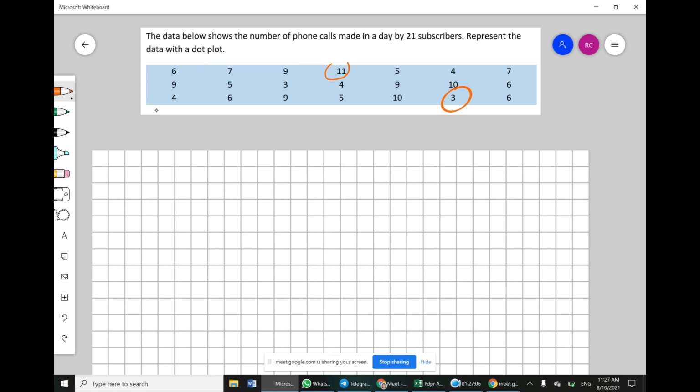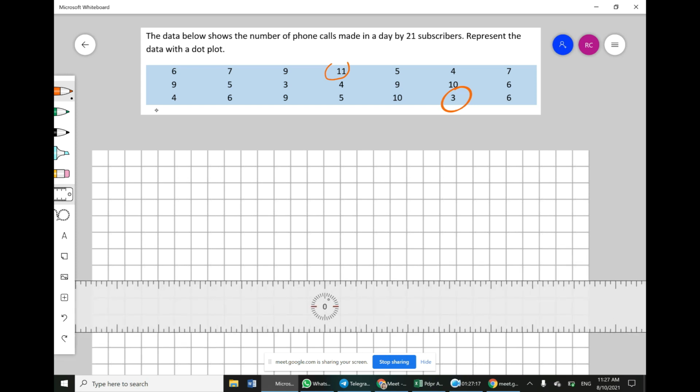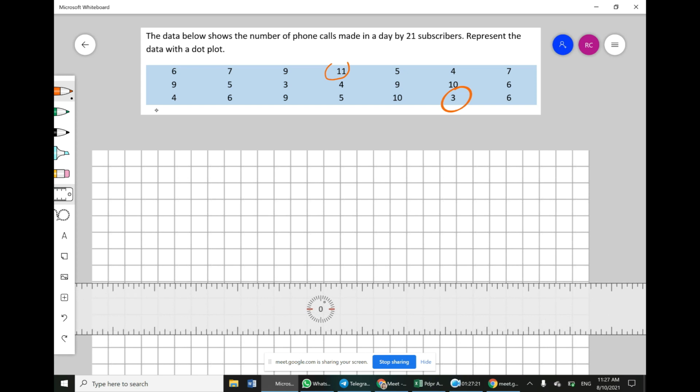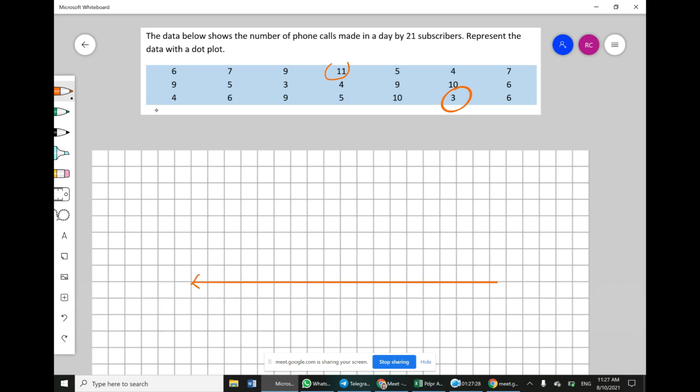So what is the difference between 11 and 3? 8, correct. So I'm going to start drawing the line here. Like just now, you can also start with the plotting and draw the line after.